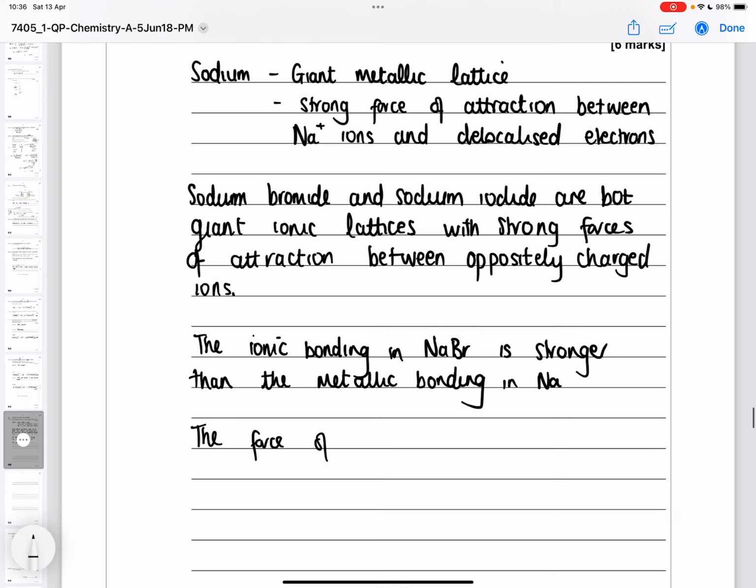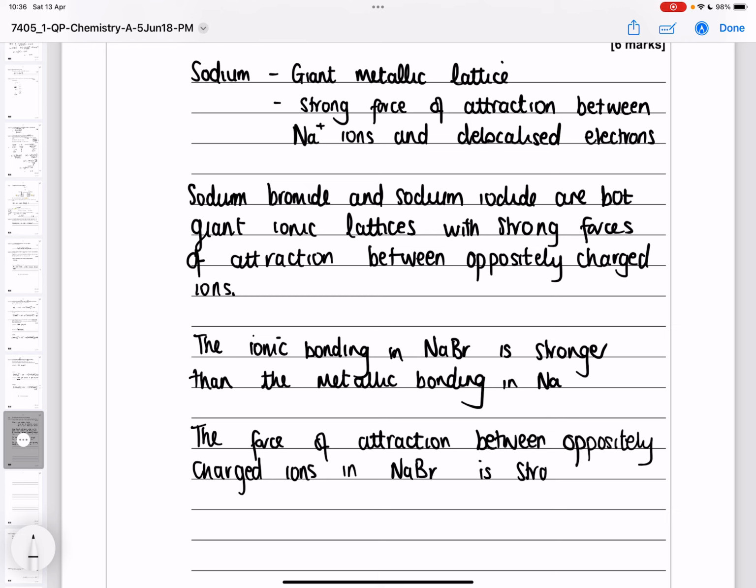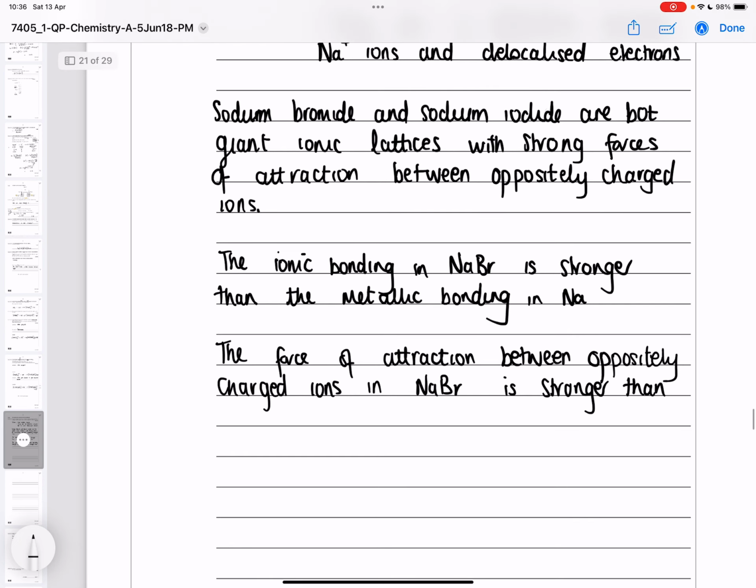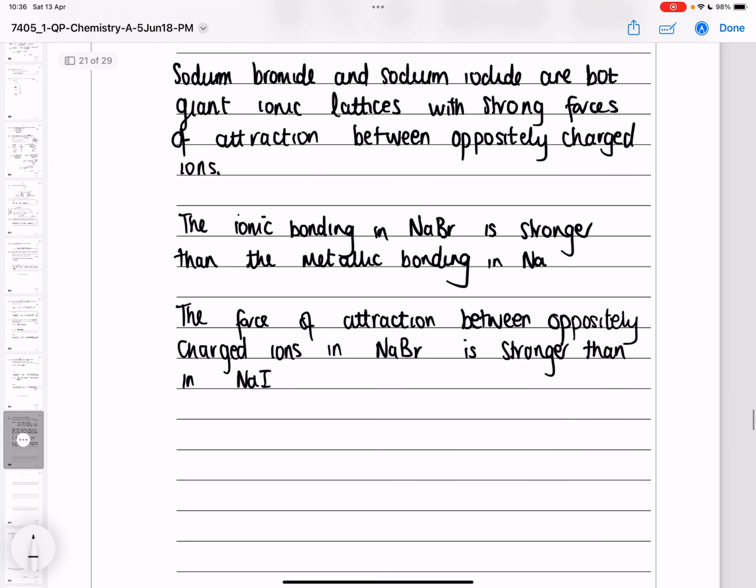So the force of attraction between oppositely charged ions in NaBr is stronger than in NaI. And why is that?